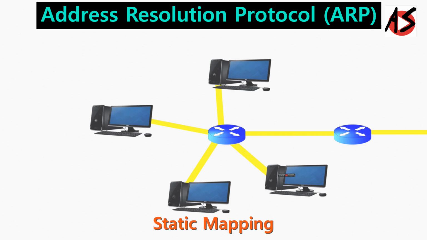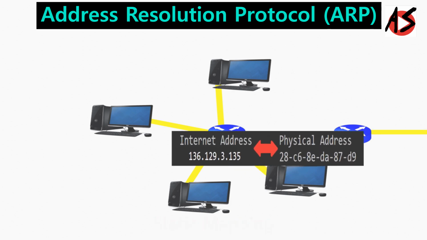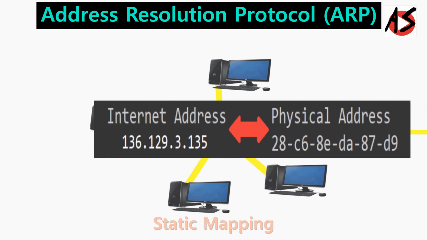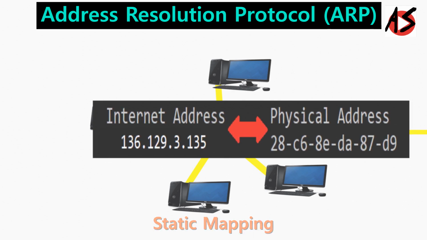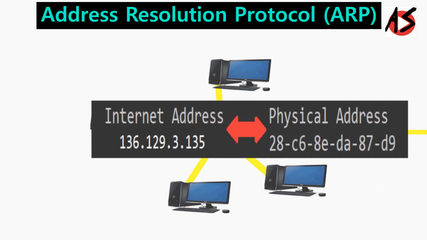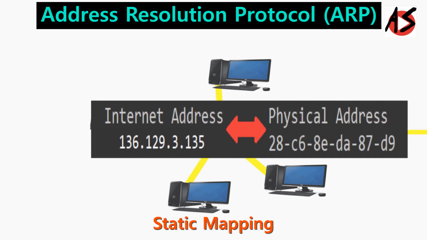Static mapping means creating a table that associates a logical address with a physical address. This table is stored in each machine on the network. Each machine that knows, for example, the IP address of another machine but not its physical address can look it up in the table.